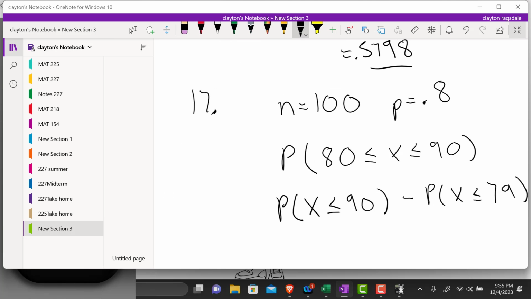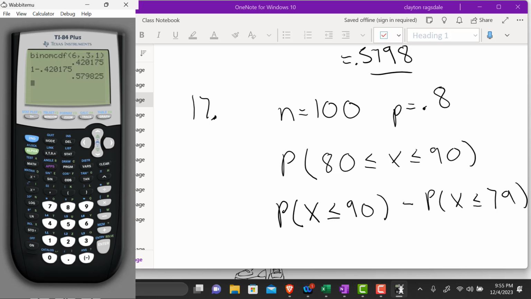So last time, we'll go ahead. We'll go 2nd vars, down to, we're getting there, one more time, binom CDF. In this case, we have 100 as our trial. We have 0.8 as success.